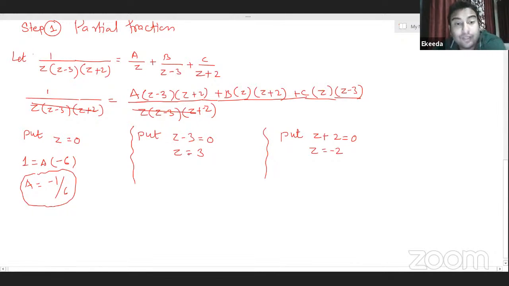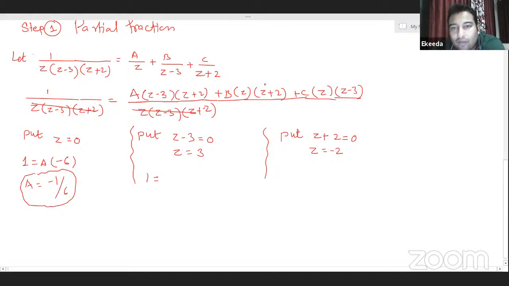Next, let us put z equal to 3. LHS is 1. On RHS, the first term will be 0, because 3 minus 3 is 0, and 0 into anything is 0.